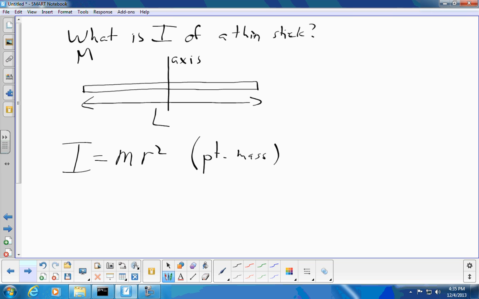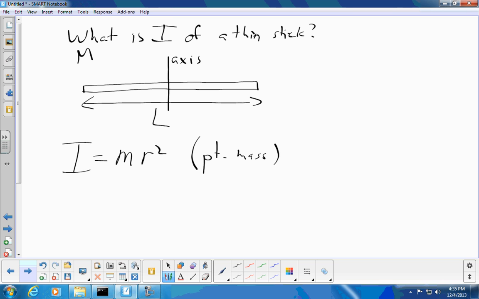I think in that problem they have the axis at one end, but still, it's an interesting problem, where they basically treat this as three separate point masses. And actually come up with a value that's very, very close to the correct answer.